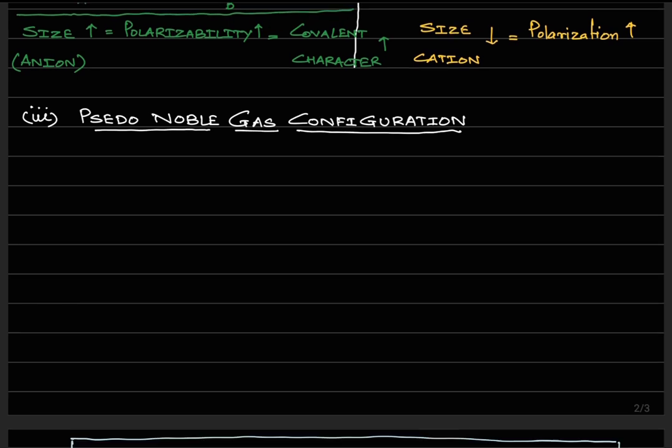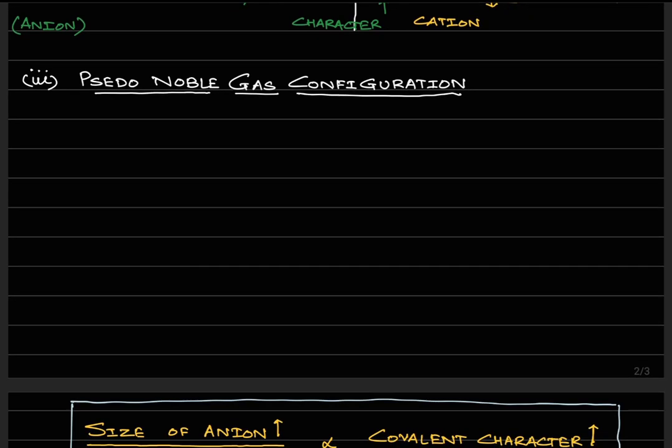Okay, understand. If I talk about pseudo noble gas configuration, it applies to all ions which have a configuration of ns2 np6 nd10. I am specifically talking about cations. Pseudo means what?